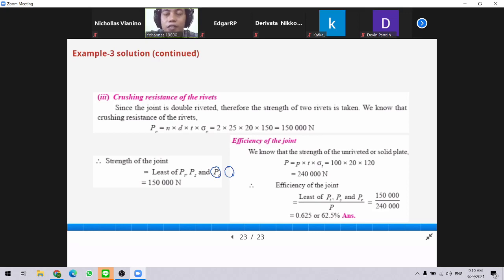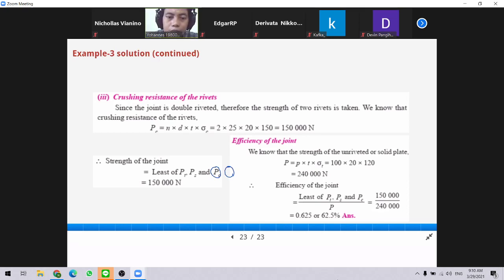This load doesn't create any moment on the joint. So next, what if the joint geometry creates a bending moment on the joint part?